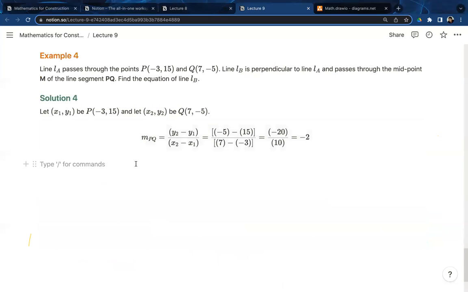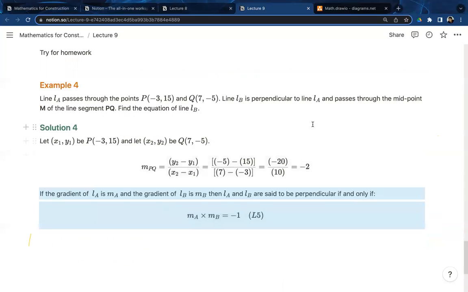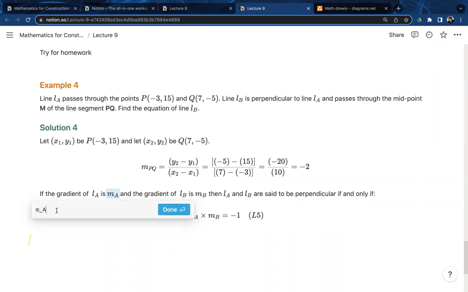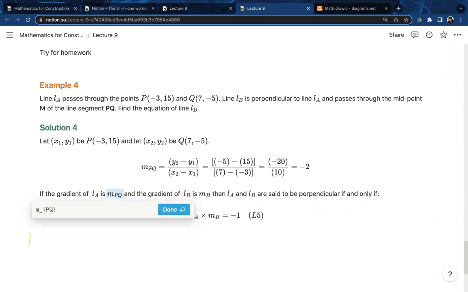The gradient of LA is m_PQ and the gradient of LB is m_B.